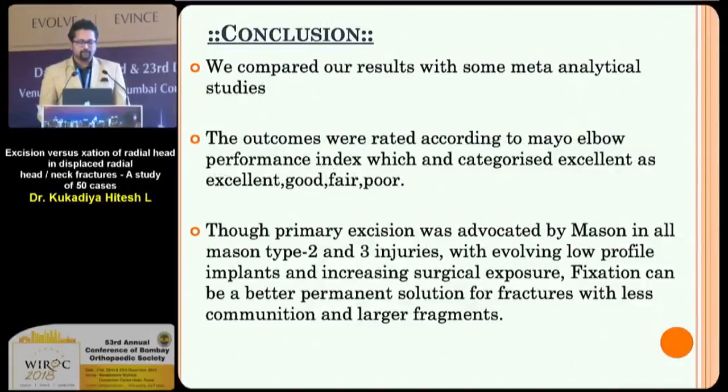Our conclusion was that we compared our results with some meta-analytical studies. The outcomes were rated according to Mayo Elbow Performance Index, and categorized as excellent, good, fair, or poor. Though primary excision was advocated by Mason in all Mason type 2 or 3 injuries, with evolving low-profile implants and increasing surgical exposure of the junior surgeons, fixation can be a better permanent solution for fractures with less comminution and larger fragments.